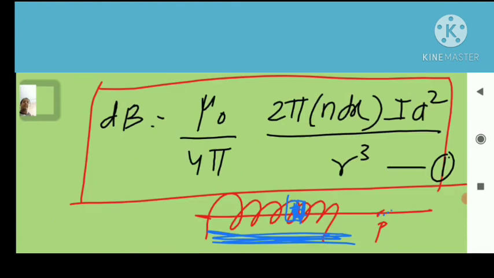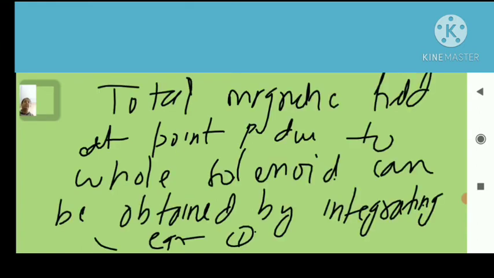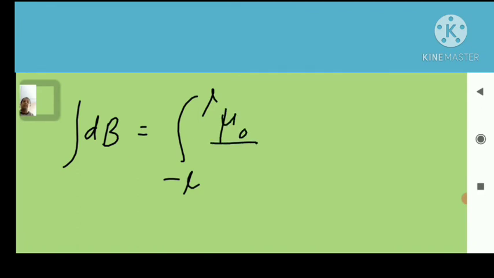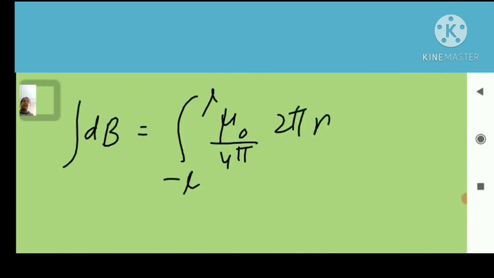Okay, so when we integrate equation number 1, we have dB, with limits from minus L to plus L. We put all the values here: mu naught by 4 pi, 2 pi n dx, I a square upon r cube.